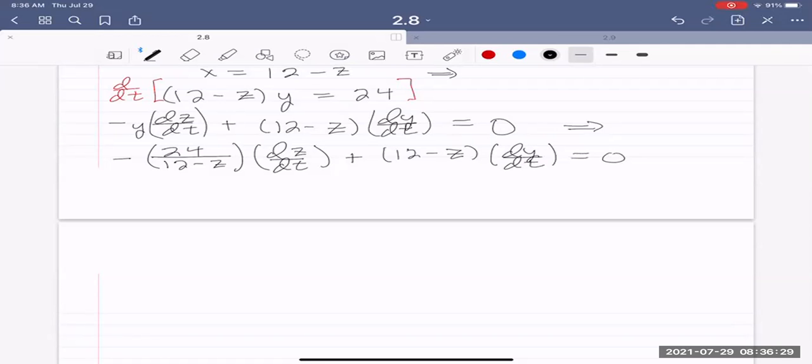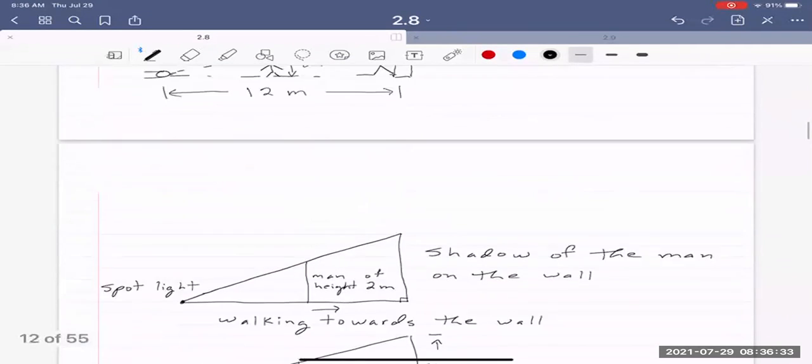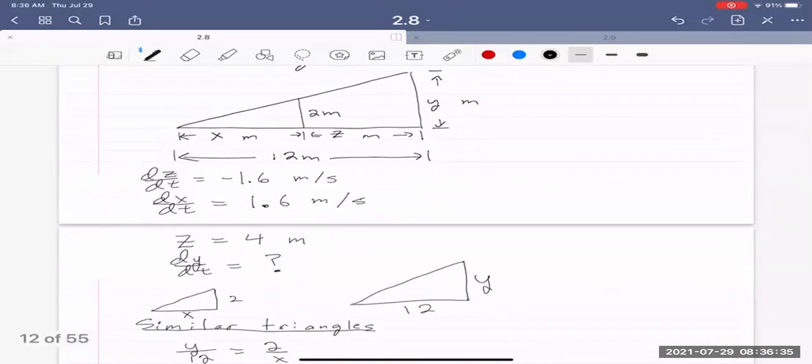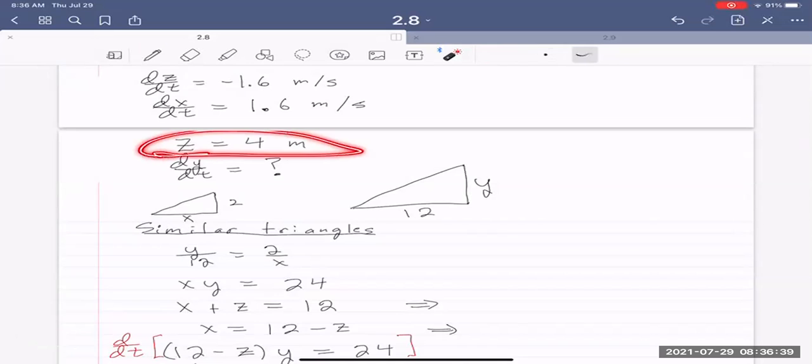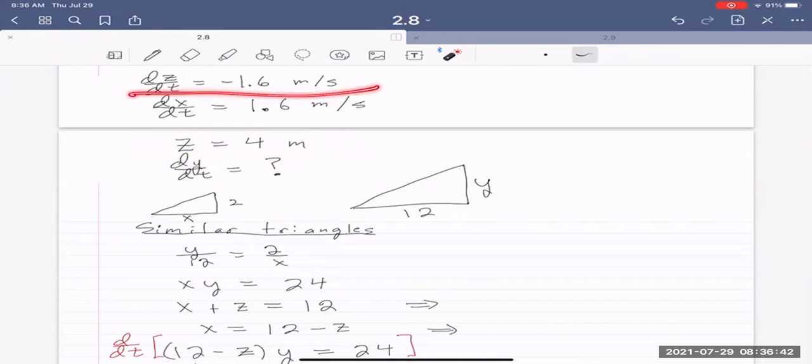Okay, so now let's plug in everything I know. I have here that z is 4 and dz dt is a negative 1.6. So let's use that.